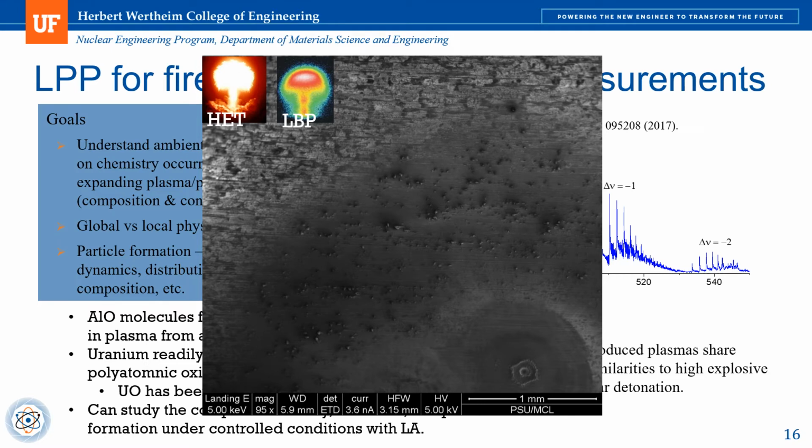So a lot of similarities to an actual detonation, and we can perform these laser ablation experiments to study maybe this particulate formation that's occurring that's relevant for forensics and fireball chemistry.